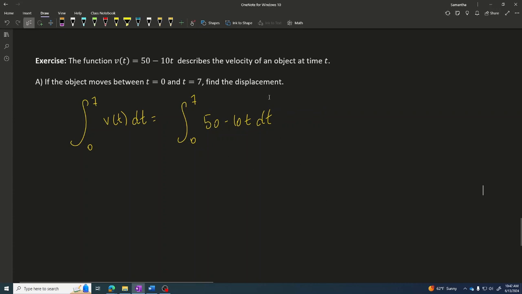So the antiderivative can be found very, very easily just using power rule. And because I have an easy antiderivative, I would definitely be calculating the value of this integral using the fundamental theorem.